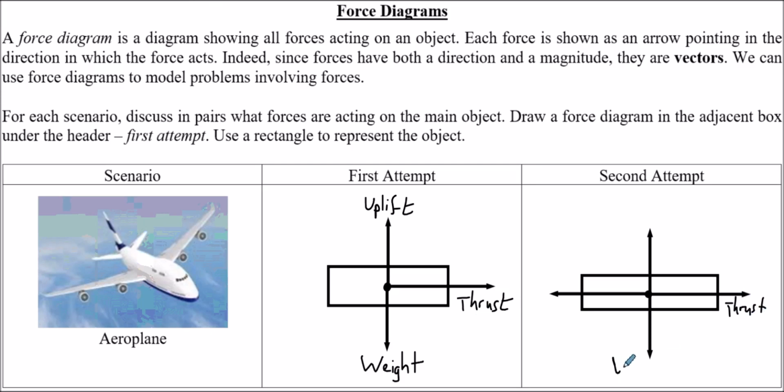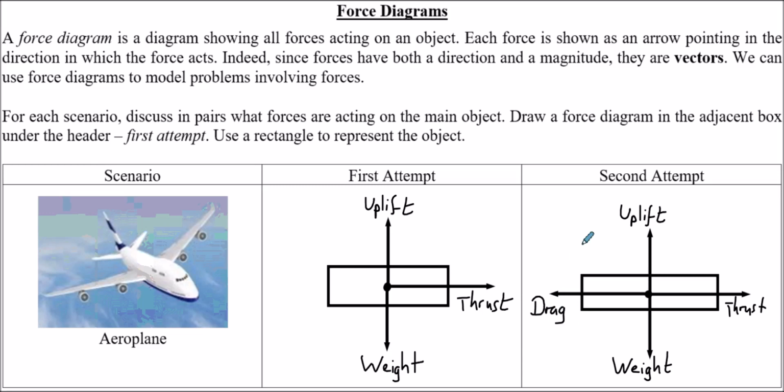Pulling it down is the weight. That will always feature on any object with weight, so that's essentially, for me and you, any object. Uplift, stopping it from falling out of the sky, but going backwards against the motion is air resistance, which we can call the drag force.